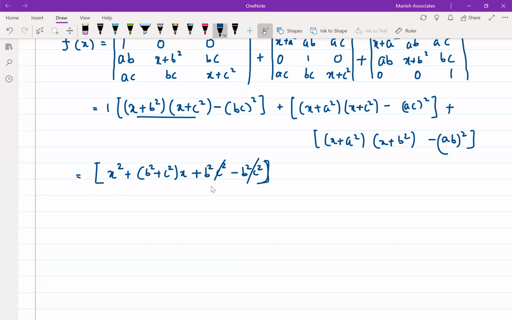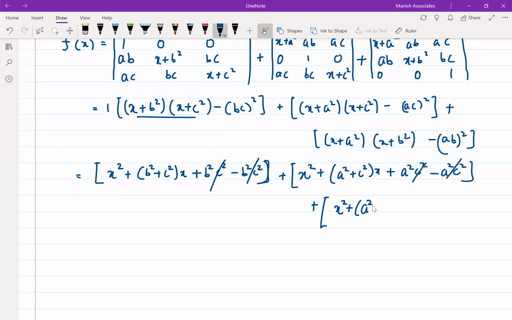So this part gets cancelled. Plus x square plus a square plus c square times x plus a square c square minus a square c square. Again here a square c square gets cancelled. Plus x square plus a square plus b square times x plus a square b square minus a square b square. So this will get cancelled.